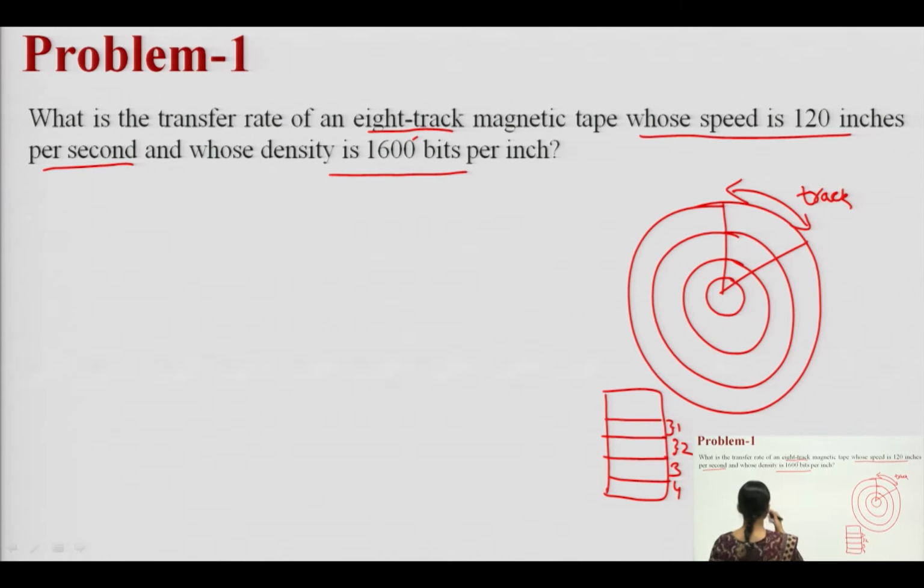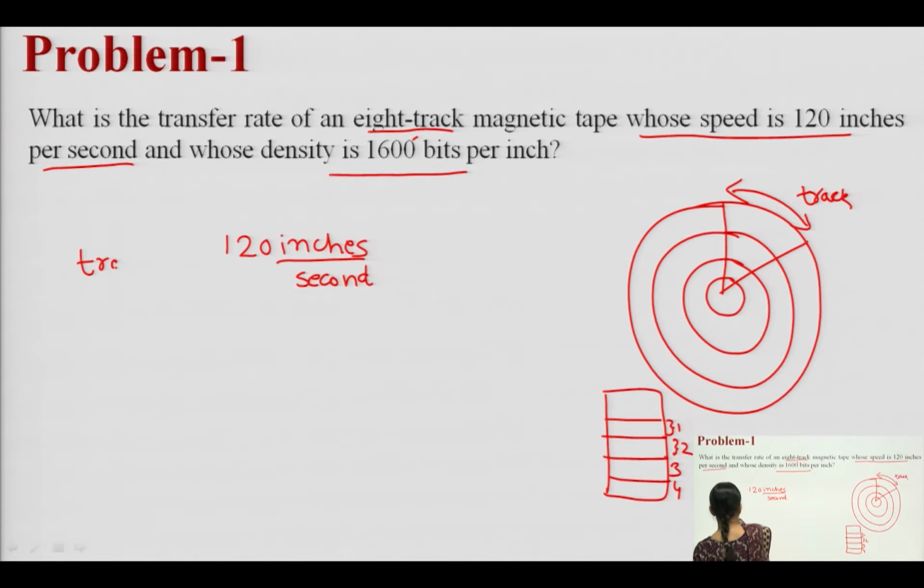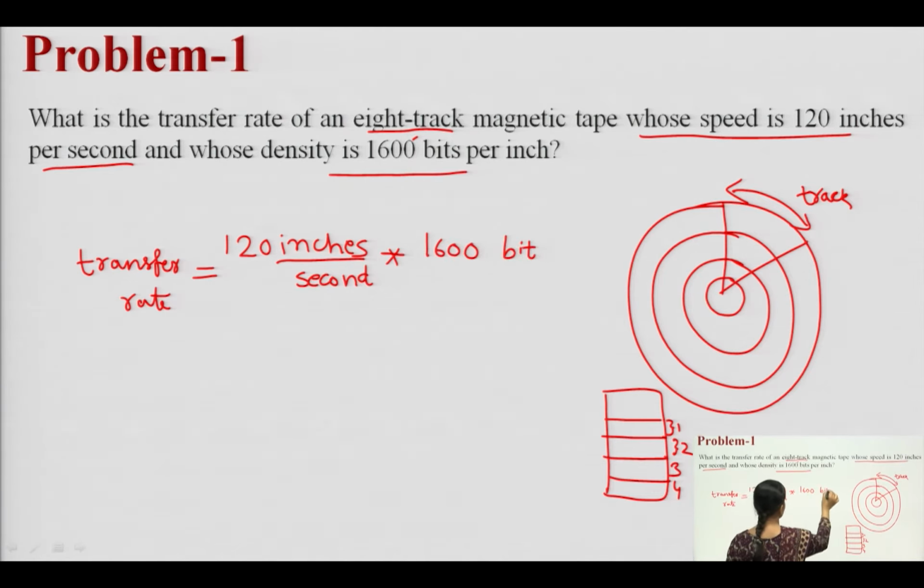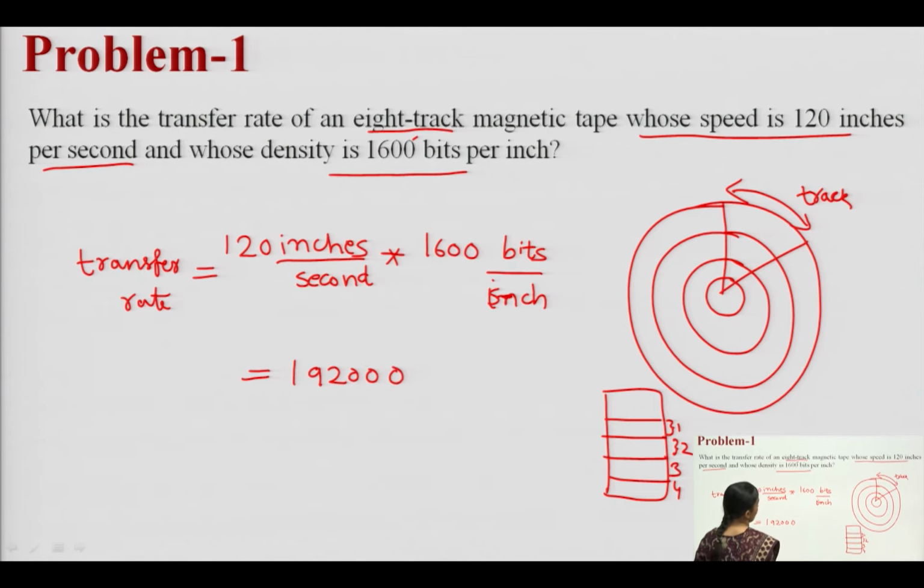So, the transfer rate is 120 inches per second into 1600 bits per inch. It comes out to be 192,000 bits per second.